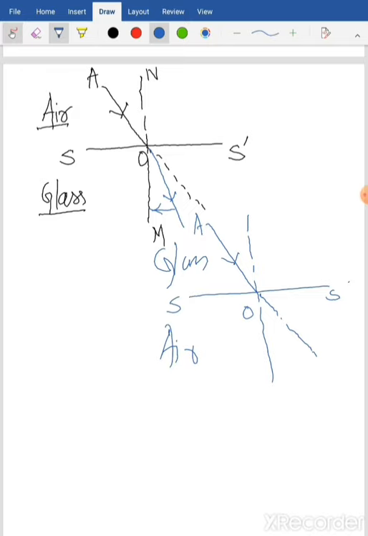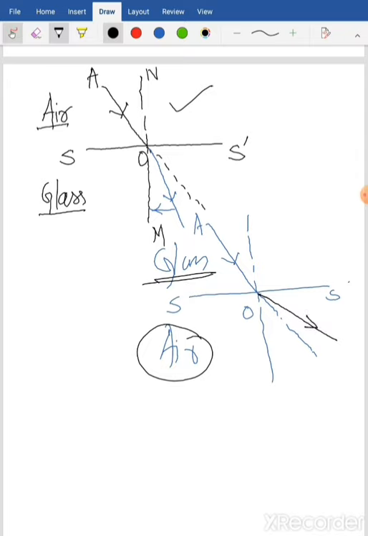Now at this point the light is traveling from denser to rarer. Above, the light was traveling from rarer to denser. When a ray of light passes from rarer to denser, it bends towards the normal. But now, when this ray of light is traveling from denser, glass, towards air, rarer, the ray of light will pass into the second medium and go away from the normal.